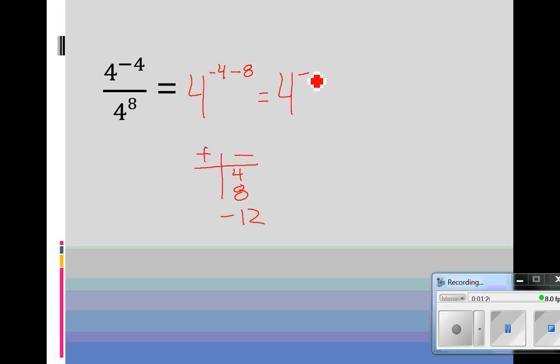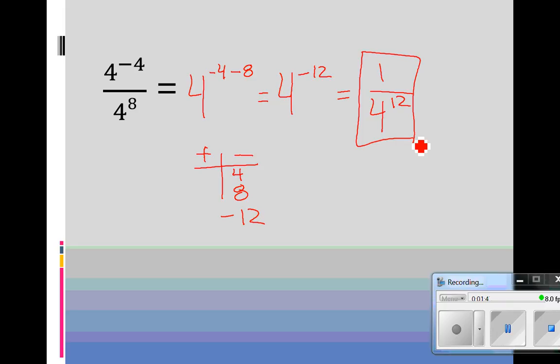So 4 to the negative 12th. You can't have a negative exponent, so we have to use the reciprocal and make it into a fraction, and the 12 has to go downstairs to become positive. So 1 over 4 to the 12th power.